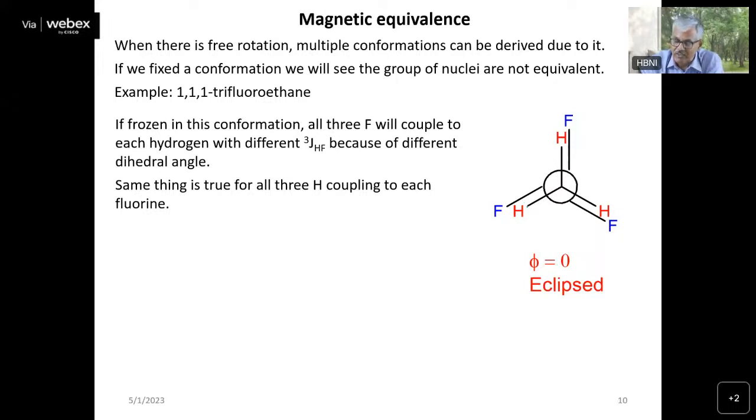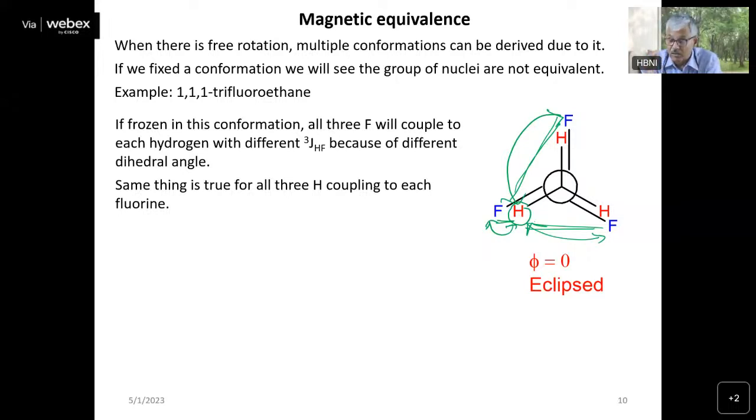Now if you consider this hydrogen, the coupling of this hydrogen to this fluorine and this hydrogen to this fluorine, you can see there are two types of coupling. One is this, the other is between these two fluorine and hydrogen, and this and this. So the coupling constants are not the same.